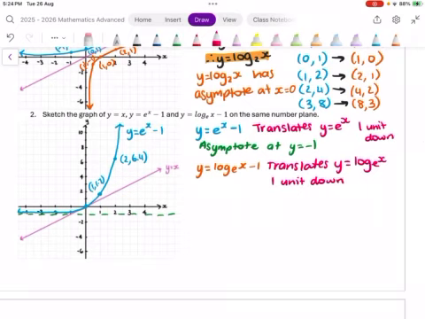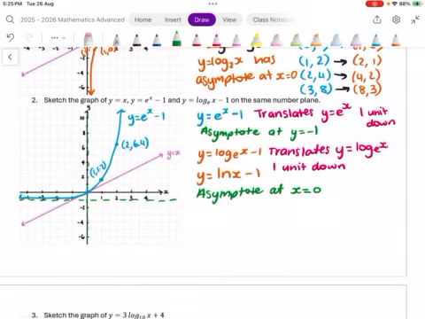Because we have log base e of x, we can also write this as ln x minus 1. They're the same graph. Because we're not moving it left or right, our asymptote will still be the same as for any other log, which is at x equals 0, along our y-axis. So what we just have is that it's moving down 1.